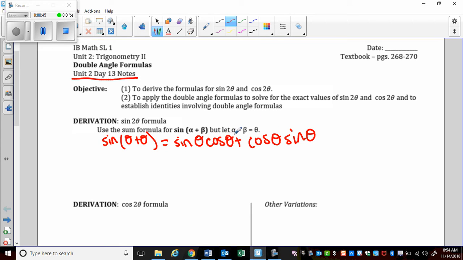They're the same, so it doesn't matter. Now sine of 2 theta, these are the same terms. You can switch this to be sine cosine if that's easier for you. But sine of 2 theta equals 2 sine theta cosine theta. So we actually got this from the sum formula.